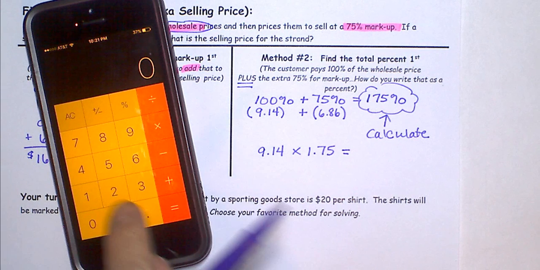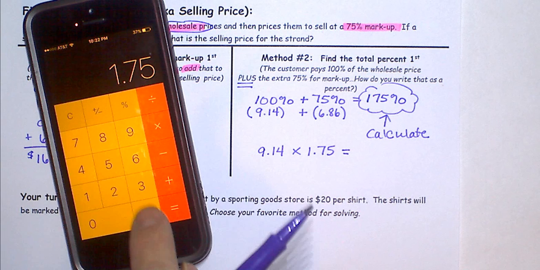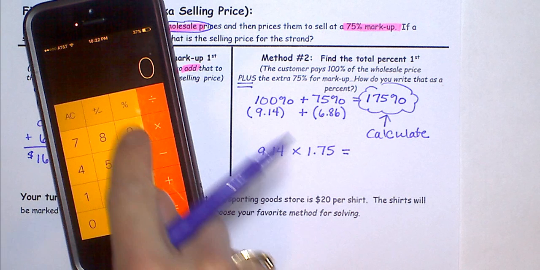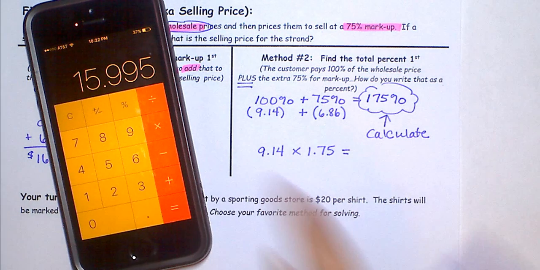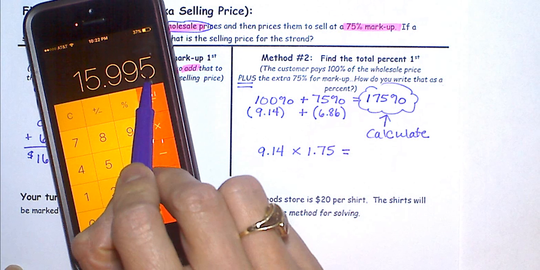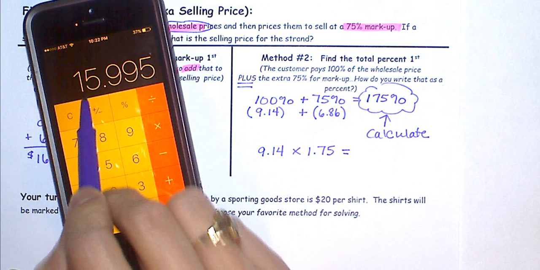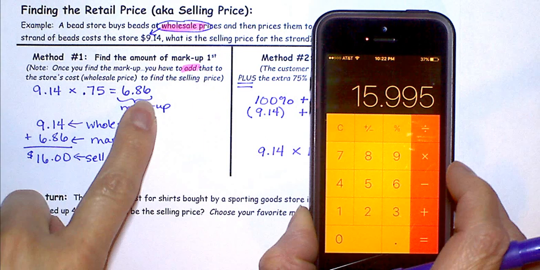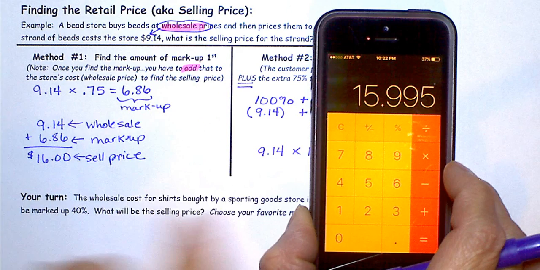So if I do 9.14 times 1.75, it tells me 15.995. Now keep in mind, this 5 right here is going to round this 99 cents up, which will then bump it to 16. And remember, we had to round this from 6.85 to 6.86, so we're also rounding in this problem.